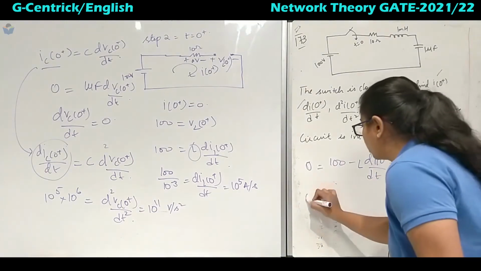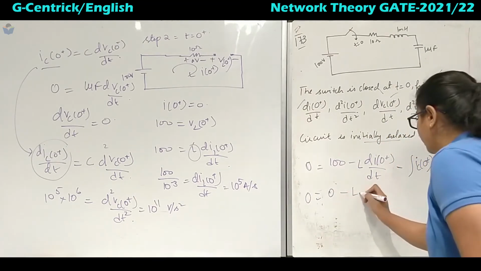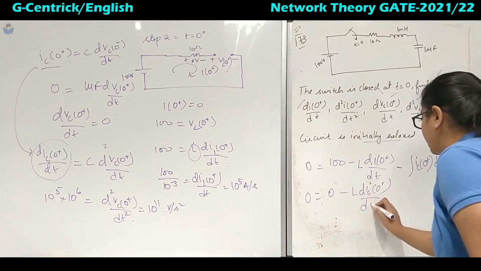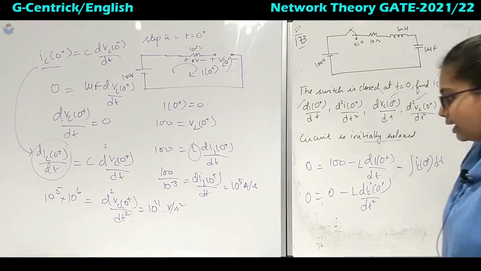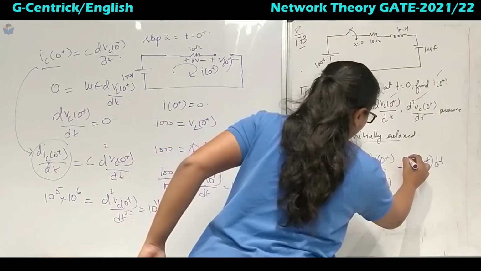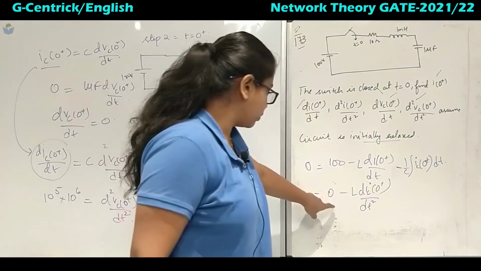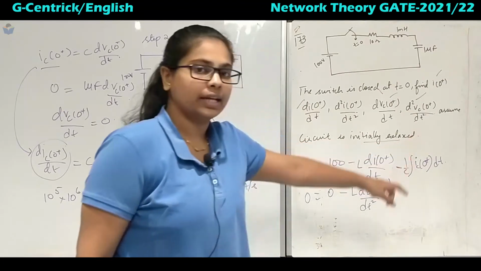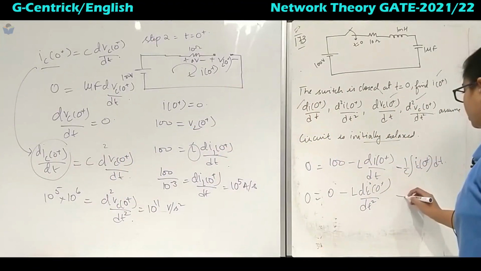When we differentiate it again, the constant 100 becomes 0. This will be L d square iL of 0 plus by dt square. This differentiation and that differentiation get cancelled. Here one more term is missing, that is 1 by C. The differentiation of a constant is 0. We know already IC of 0 plus is equal to 0, so this term will be 0.